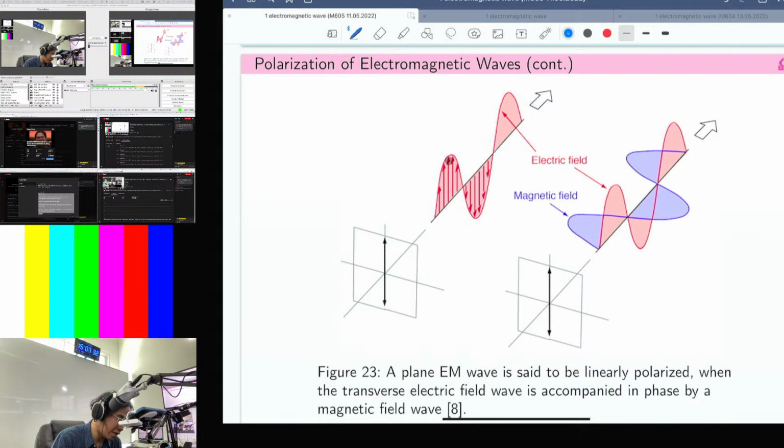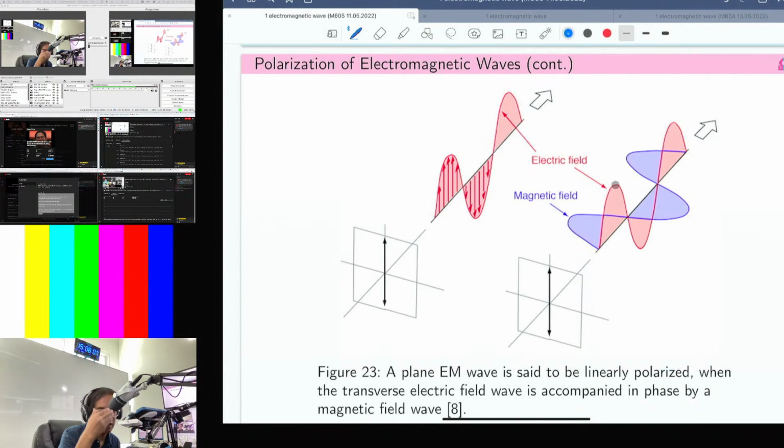It's highest, then lower to zero, then lowest as a deep negative quantity, and it turns to zero and high again. The red one is denoted as the electric field. You can see the vibration in the y-axis only, and that's why we call it linear polarization.